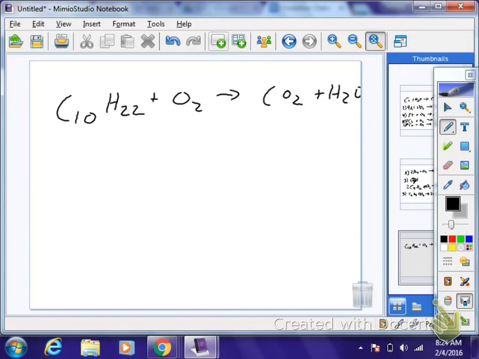So I think it's probably 2, and then this would be 20, is that right? And that's 22. Then how many oxygens do we have? So that'd be 40, 62, be 31. 2, 31, 20, 22.